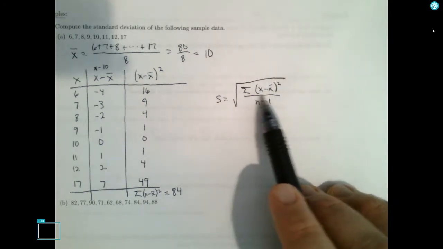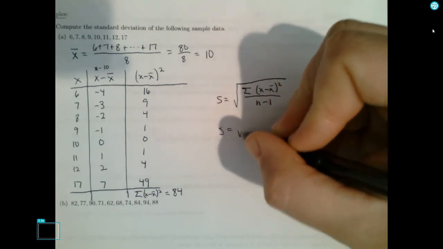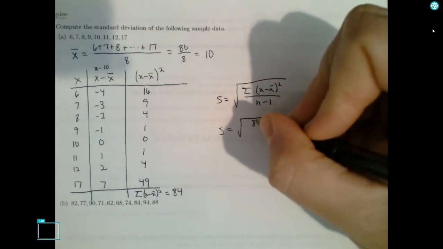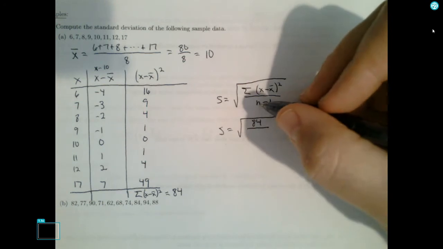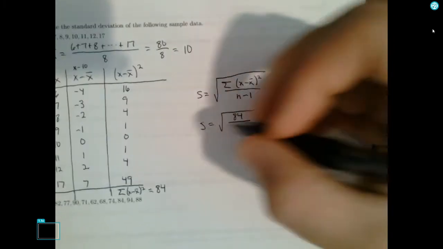Well, I know that this part is 84, right? So that's going to be the square root of 84 divided by n. N is the number of values in the sample data. So in this case, n is 1, 2, 3, 4, 5, 6, 7, 8.